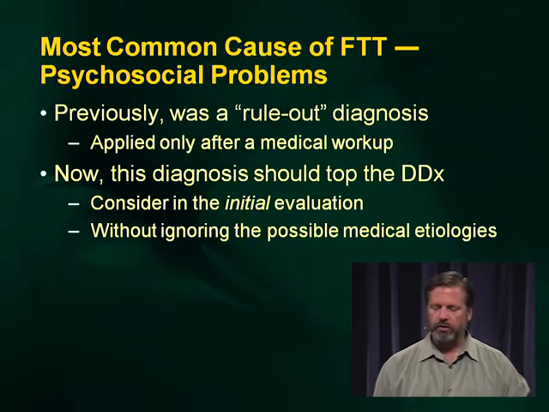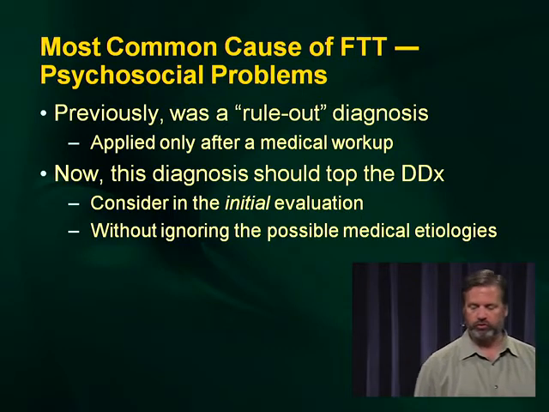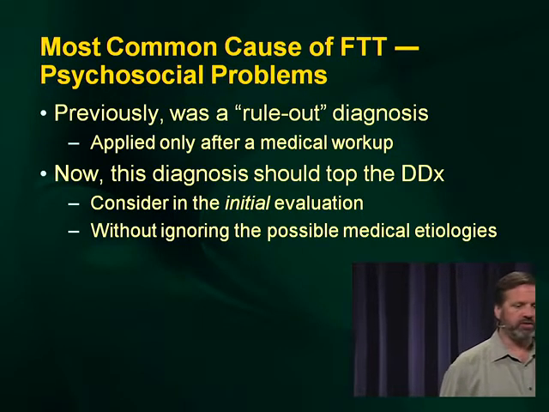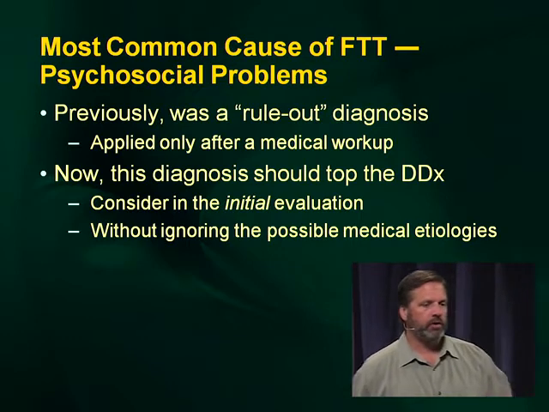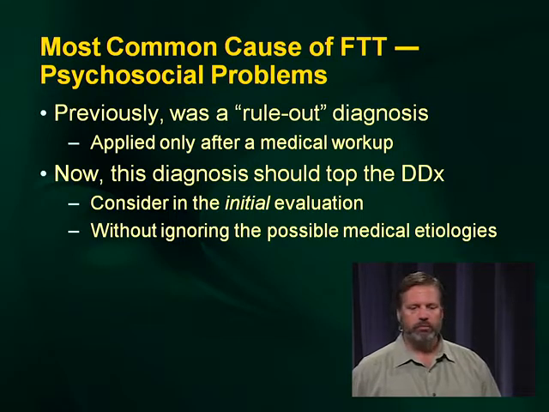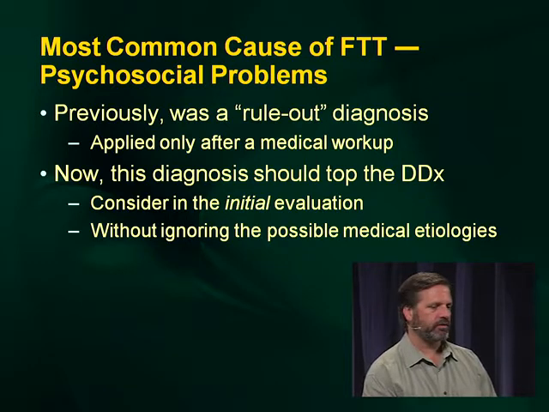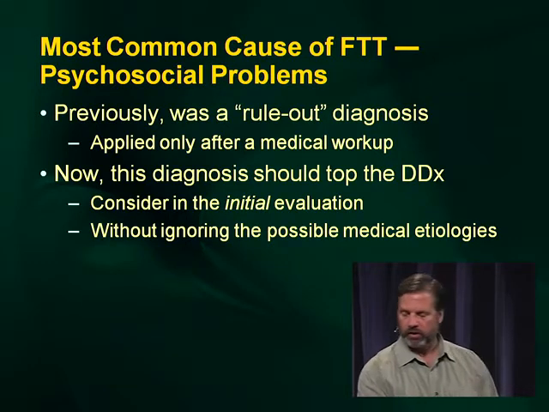But what I can tell you is that the most common cause of failure to thrive is the psychosocial situation. Previously it was thought of as a rule-out diagnosis, that those kids who came in for a failure to thrive workup were always put through the same ringer of exams, and we're really being encouraged not to do that anymore, but rather to target your workup based on the history that you obtain and any physical findings or suspicions you may have.